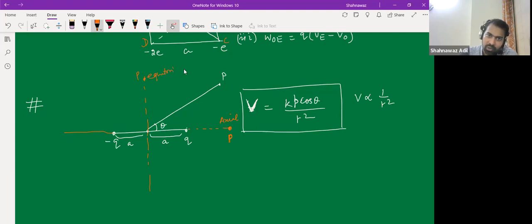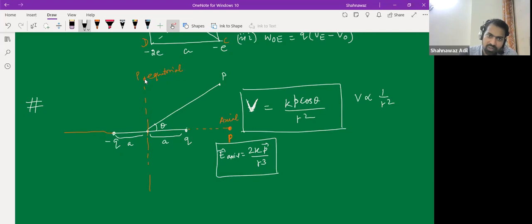Do you remember the electric field at the axial point? So this is the direction of the dipole. At the axial point, the electric field was 2 kp by r cube. Good, so you remember 2 kp by r cube.